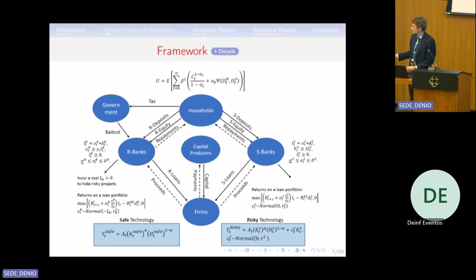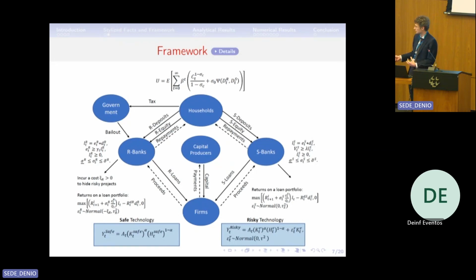We have a standard balance sheet constraint: loans equal deposits plus equity. And this is the capital requirement: a fraction gamma of loans must be kept in equity. There is also a no short selling constraint. When banks invest in safe firms, I do not allow banks to short sell risky loans, otherwise they would supply negative loans.